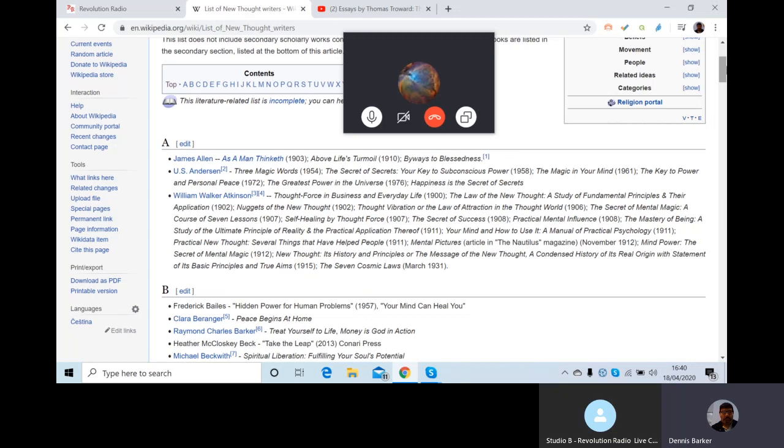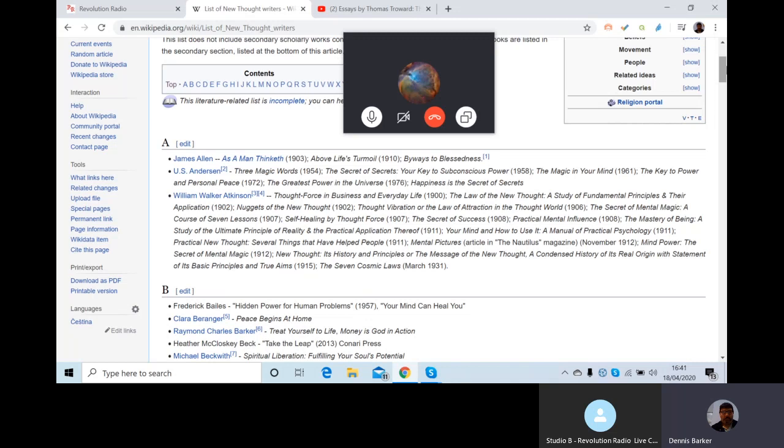I think looks like a good one. Self-Healing by Thought Force, which came out in 1907. The Secret of Mental Magic, A Course of 7 Lessons. I was listening to a little bit of that last night as well.